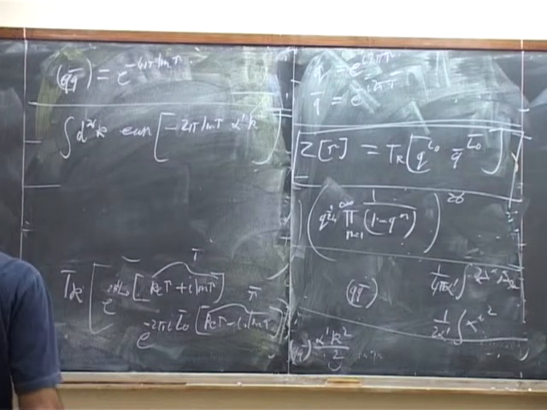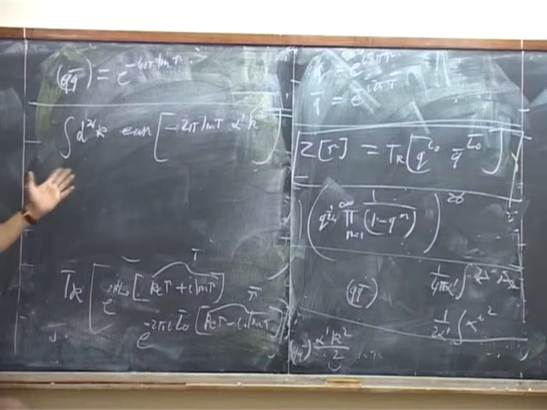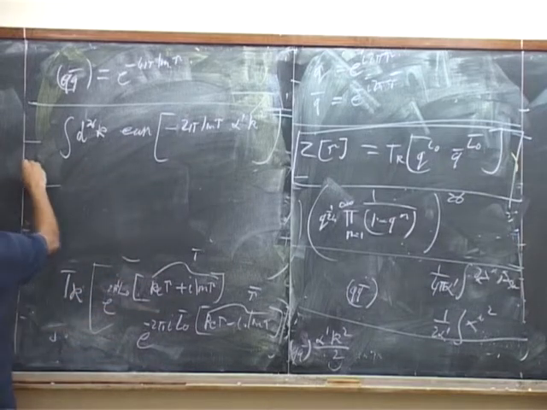This is a Gaussian integral which we do, and we won't keep track of the constants at this stage.